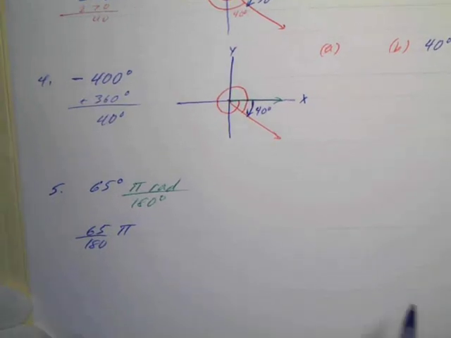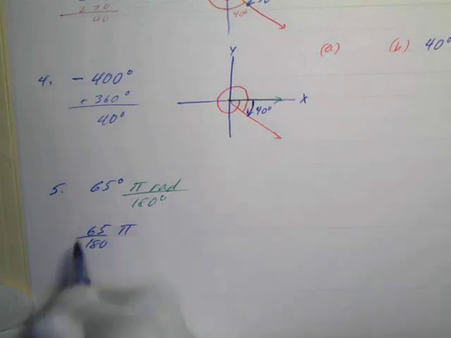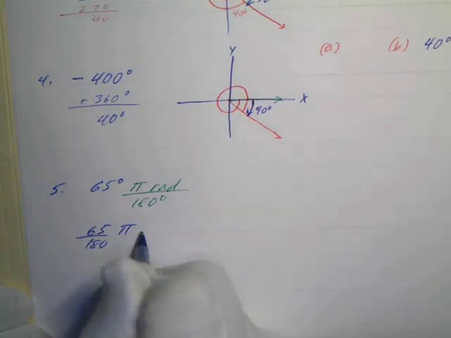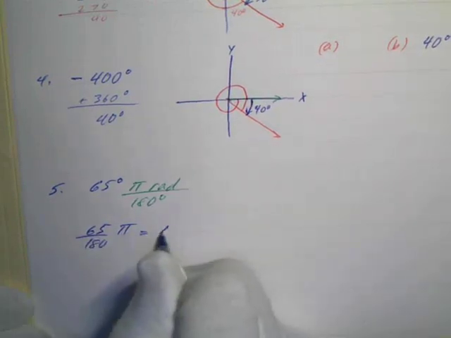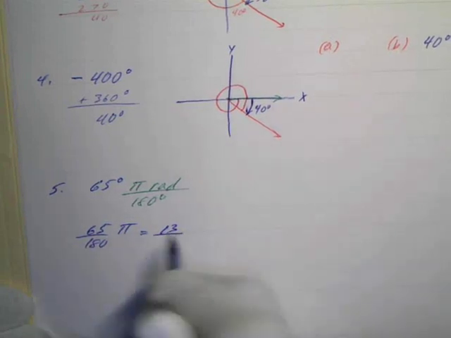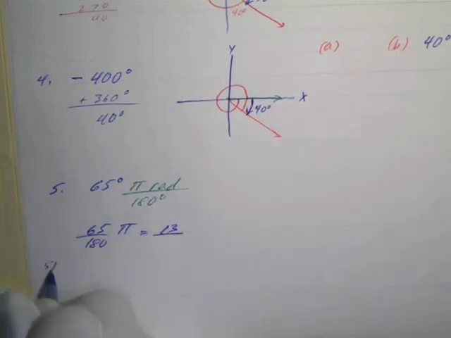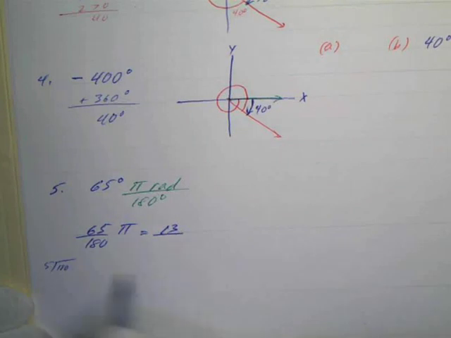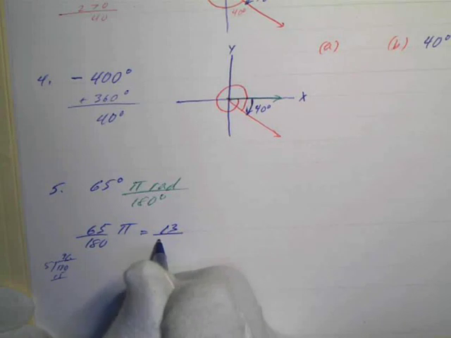And then you can reduce that. 5 goes in there 13 times, and 5 goes in there, what, 36 times? You won't have a calculator if you're taking this on a test.